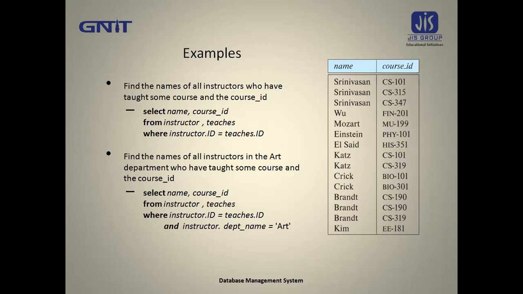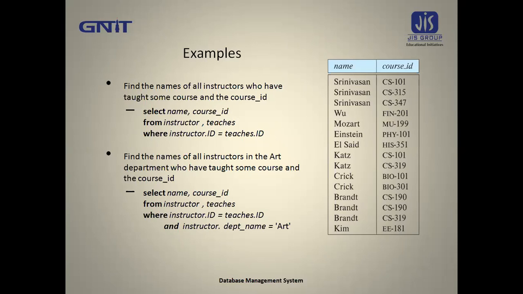Another example: find the names of all instructors in the art department who have taught some course, and the course ID. So we are putting three constraints here. Not only do we need the names of the instructors and their course IDs, we also need to restrict the result only to those instructors who work in the arts department.